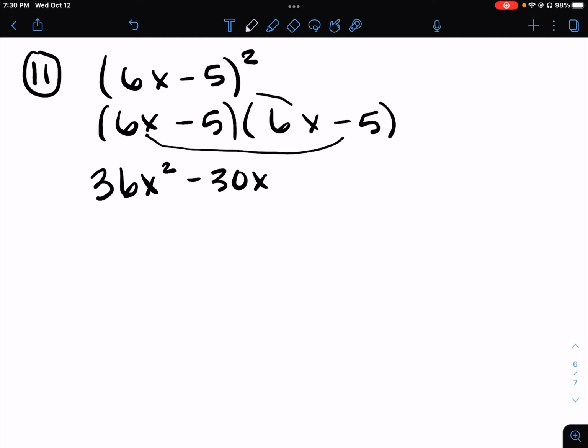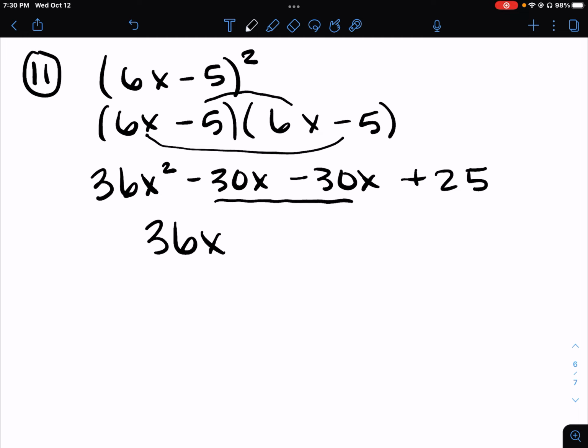Inside, 6x times negative 5. Last, negative times negative is positive. Like terms. Now, minus 30 does not cancel. If somebody loses 30 and loses 30, they lost 60.